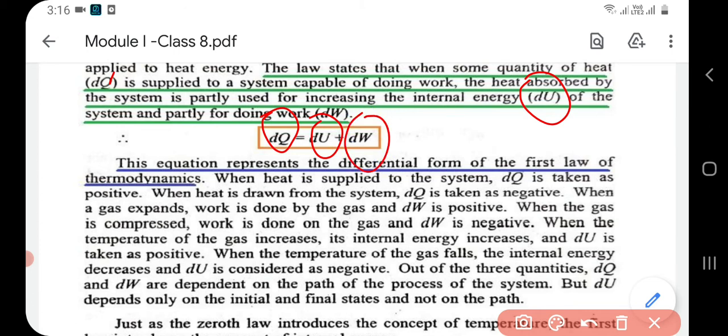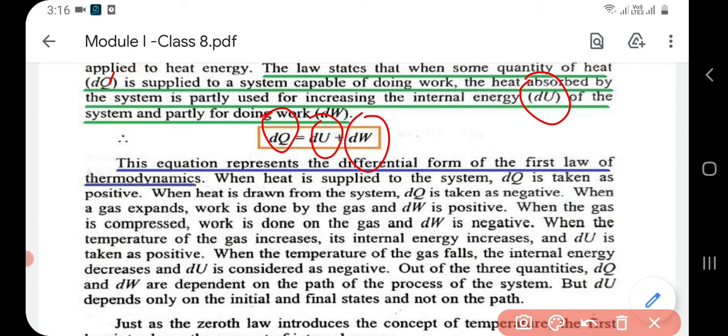So when you are supplying a small amount of heat, say dQ, to a system, then that heat that we are supplying to the system will be used by the system for two things. One is to increase the internal energy by dU, and the second part is to do some work dW.